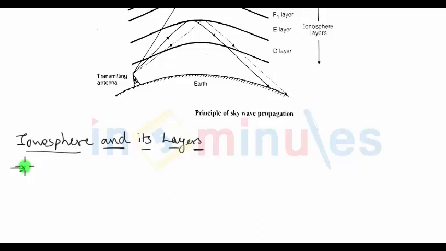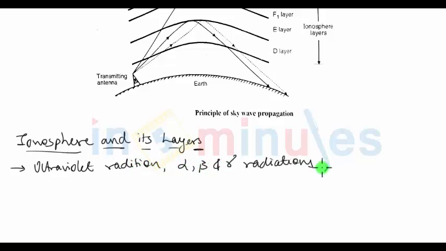So ultraviolet radiation is one type of radiation, but along with it alpha, beta and gamma radiation and also cosmic rays are responsible for the formation of the ionosphere. So how does that take place? It is nothing but the collection of ions. An ion is formed when an atom either takes an extra electron or loses one electron, and accordingly there will be positive as well as negatively charged ions.